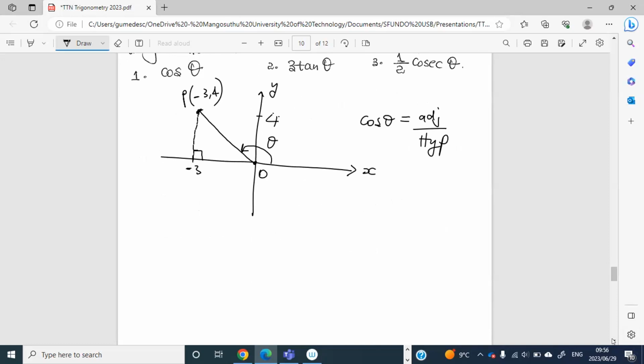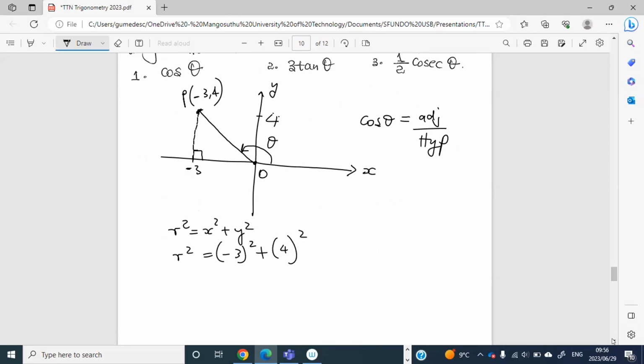You can use the Pythagoras theorem, which we said is r squared equals x squared plus y squared. Remember, you want to find r, which is your hypotenuse. Your x is -3, so -3 squared, and your y is 4, so 4 squared.